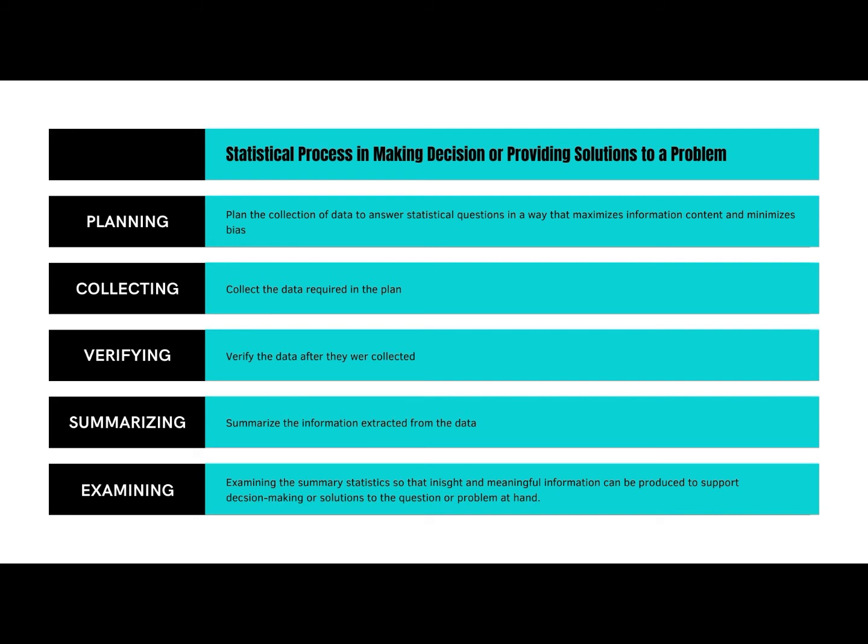So after we have summarized the information, we have to examine, of course, the summary statistics so that insight and meaningful information can be produced to support decision making or solutions to the question or problem at hand.